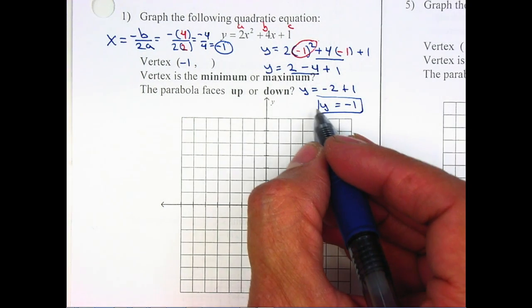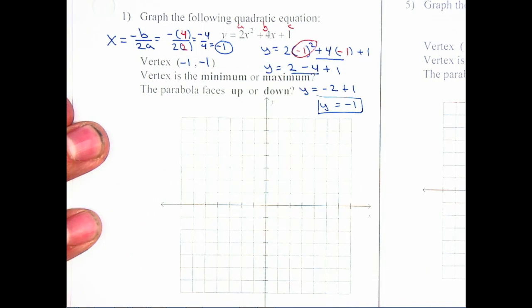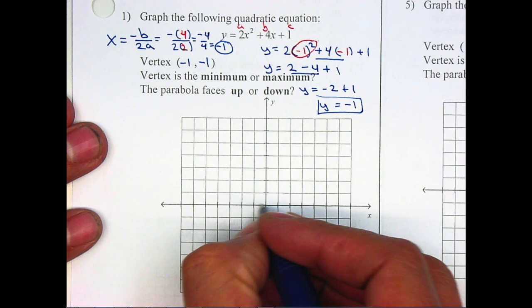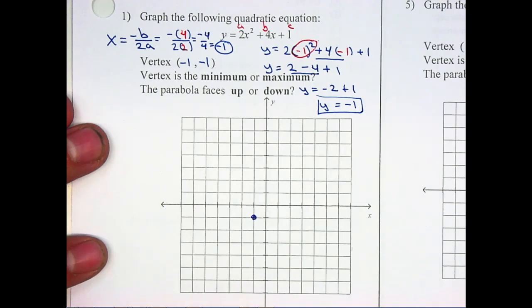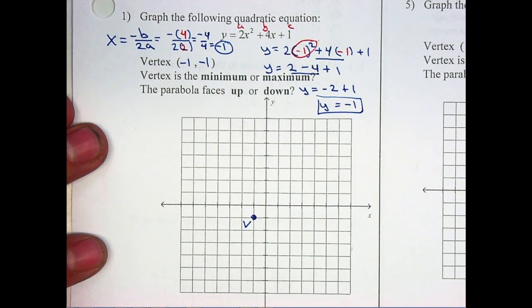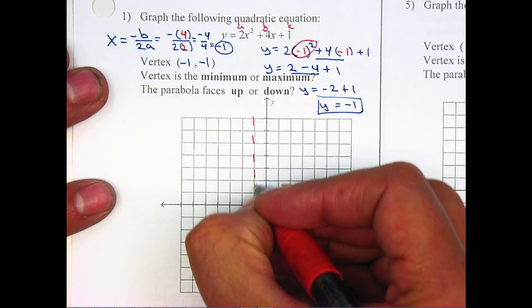Once you have your y value for the vertex and your x, we can go and plot it. In this case, my vertex will be negative 1 and negative 1. This is a point. That's a vertex. I'm going to draw the line of symmetry, and a lot of you guys are forgetting to draw the line of symmetry.